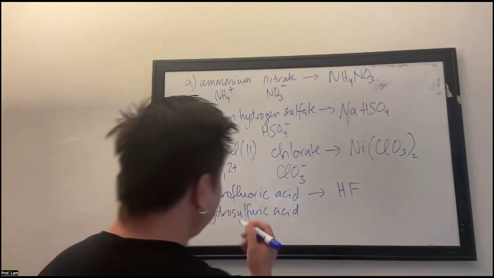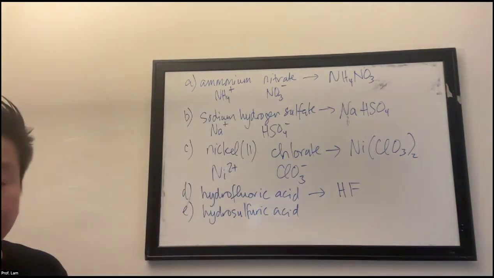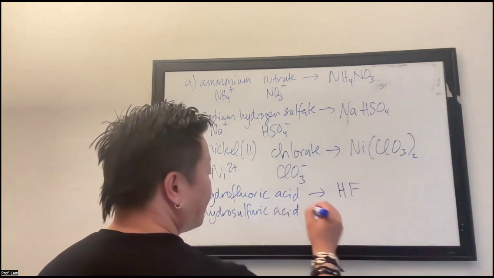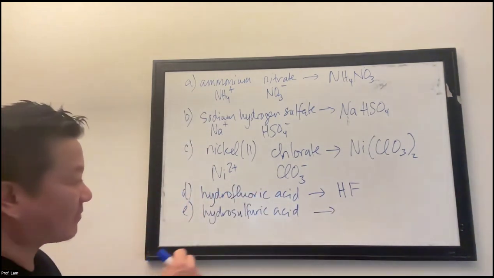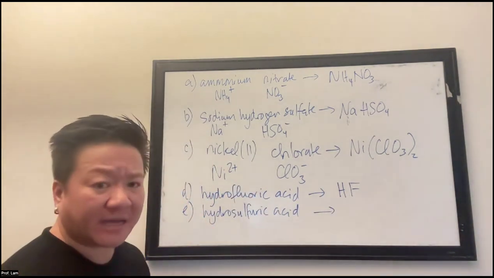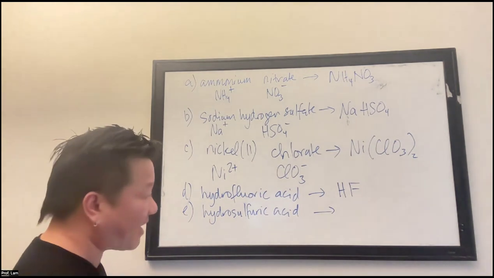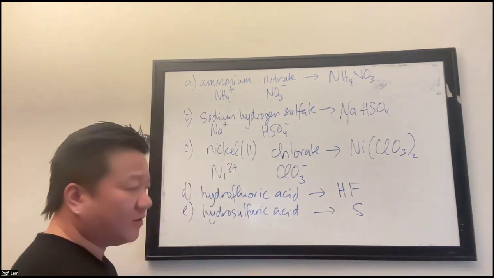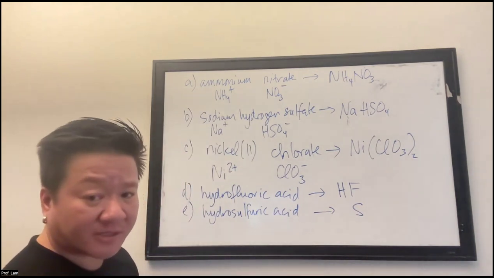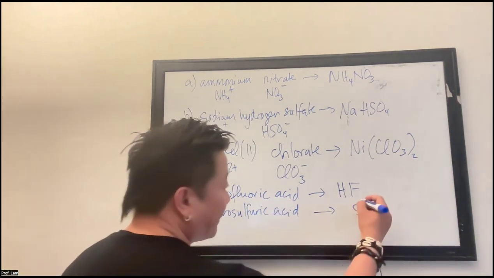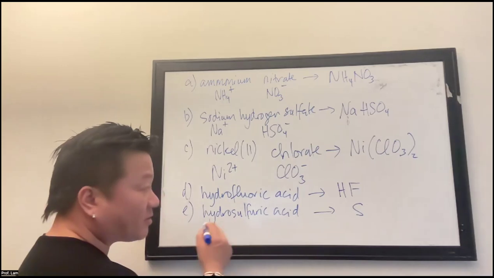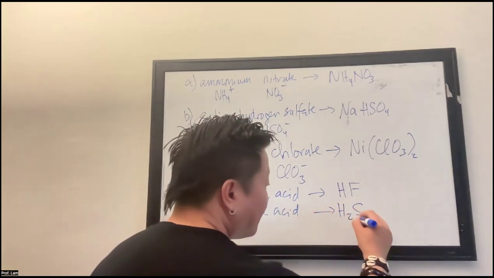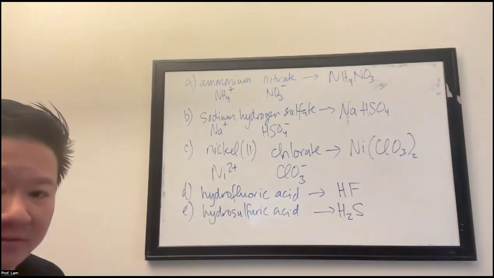As opposed to, say, hydrosulfuric acid. Again, hydro, it has to be binary. So it's only 2 types of atom. One of the atoms is S. And if you look at where S is, in group 6A, S will have a 2 negative charge. So how many protons are you going to need? 2 to balance it out, okay?